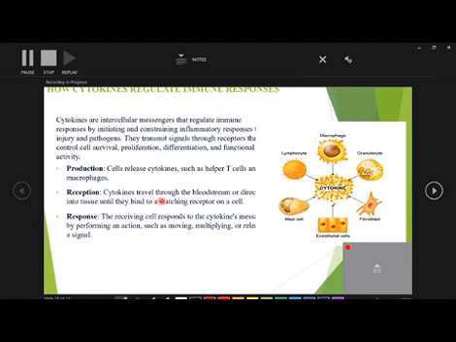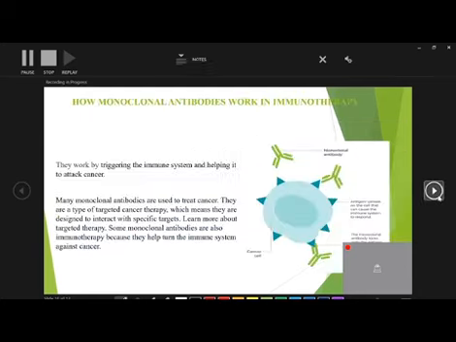We have also the reception. The cytokines travel through the bloodstream directly into the tissue until they bind to the matching receptor on the cell. We have also the response. As we know, when a foreign substance enters the body, these cytokines respond in order to remove these foreign substances.